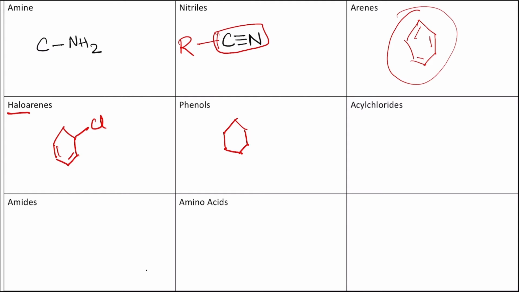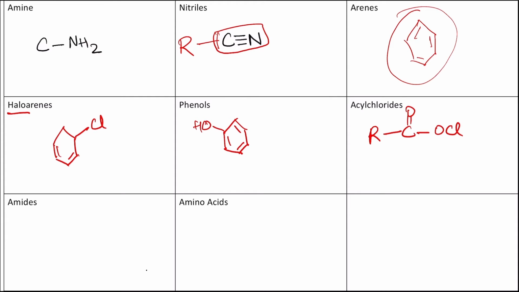So here I have my phenol, right? And then I can have my OH here. And then I can also have acyl chlorides. So acyl chloride is not actually an aromatic compound. It could be an aromatic compound, but it can also be just a simple COCl.